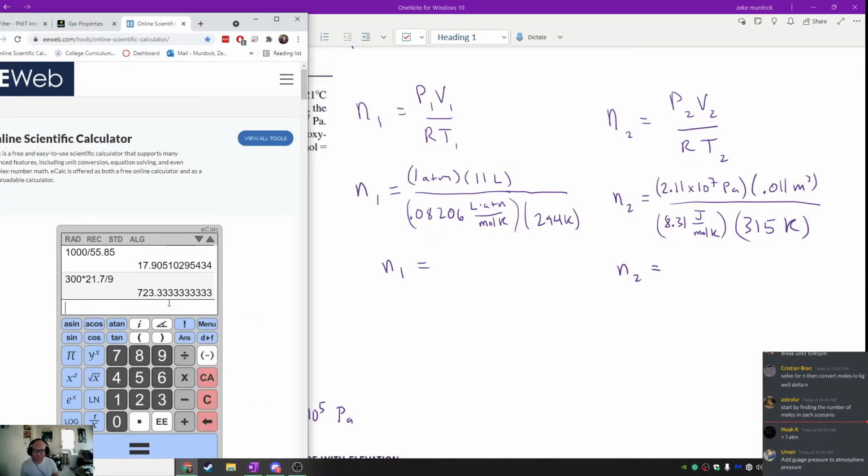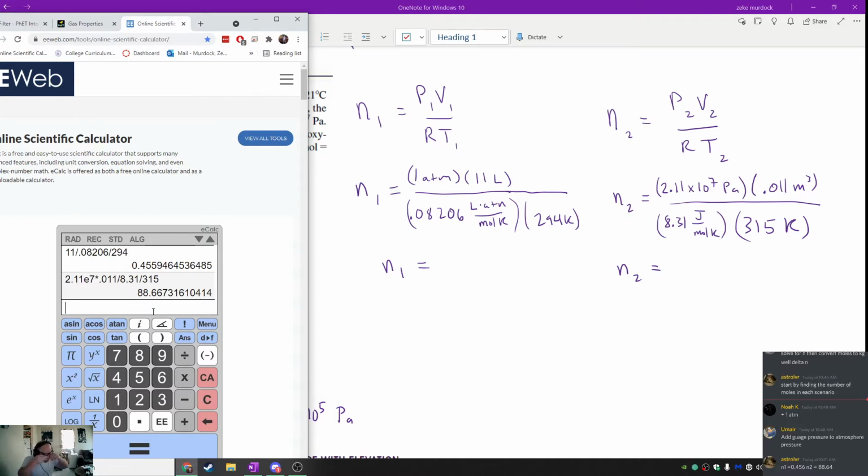Okay, so this one would be here, 11 divided by 294. That's n1, and then n2 would be 2.11E7 times 0.011 divided by 8.31 divided by 315.